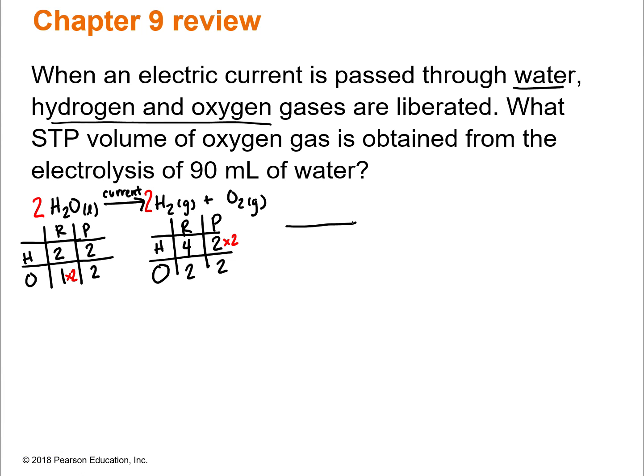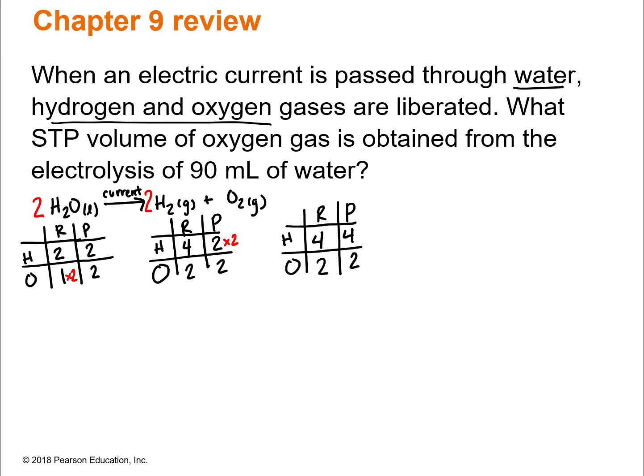But always double check. So we've got 4 and 2. And 4 and 2. All right, now we've got a balanced equation.